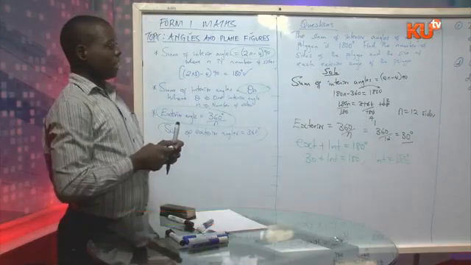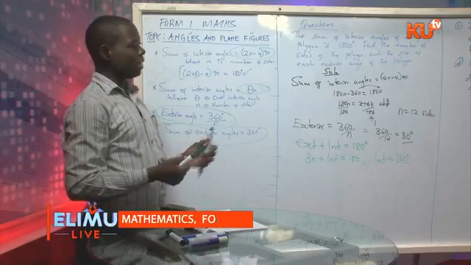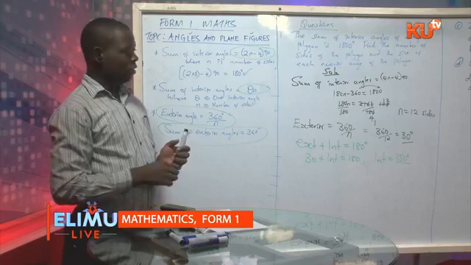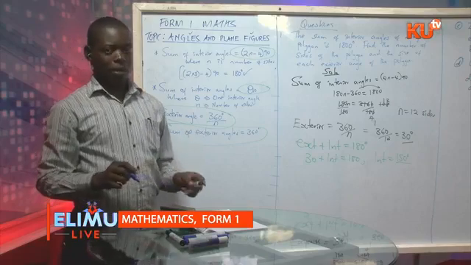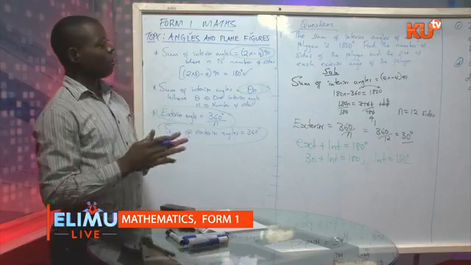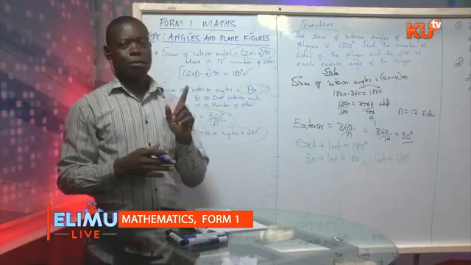So if you understand all the formulas, then it is easier to work out each and every question that will be given. So that is case 1, where you are given the sum of interior angles as a direct value.